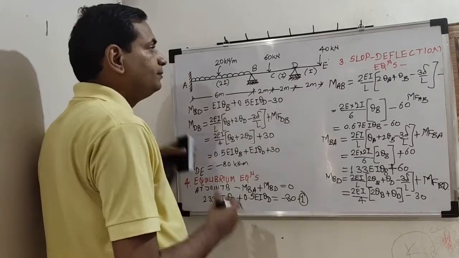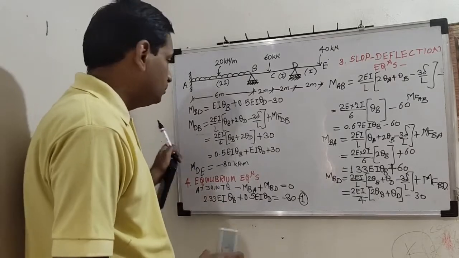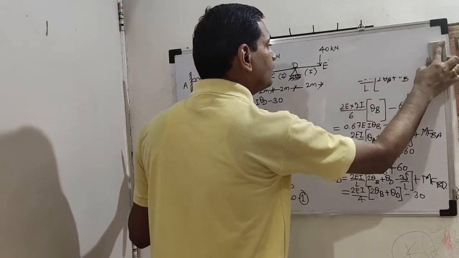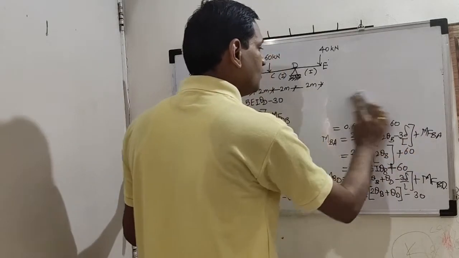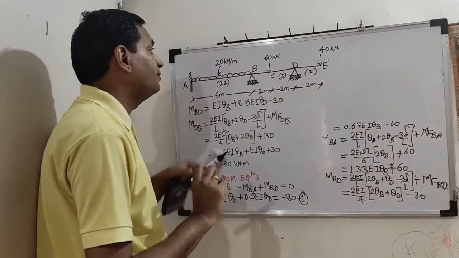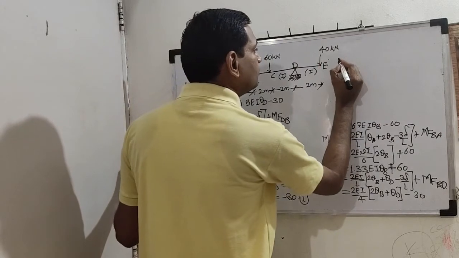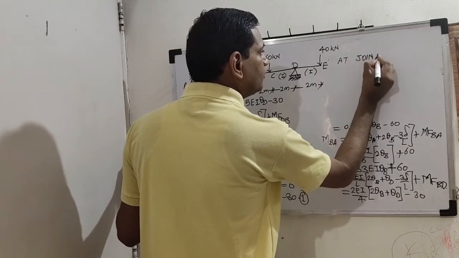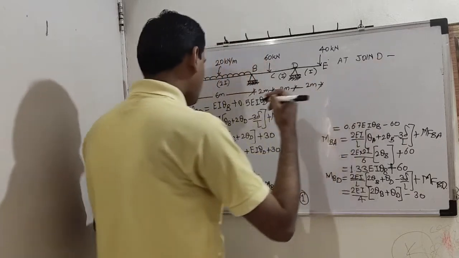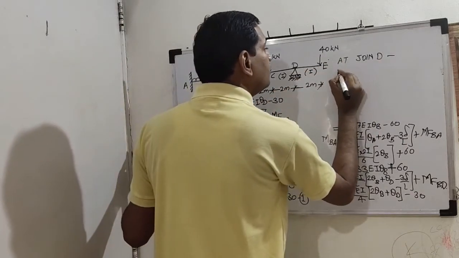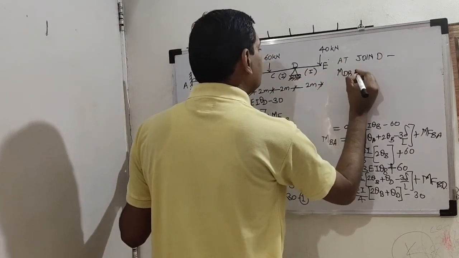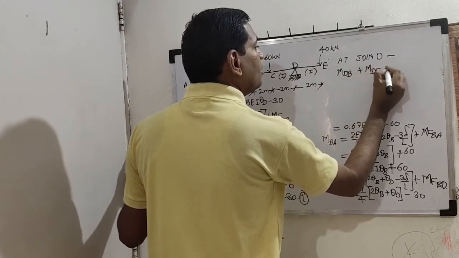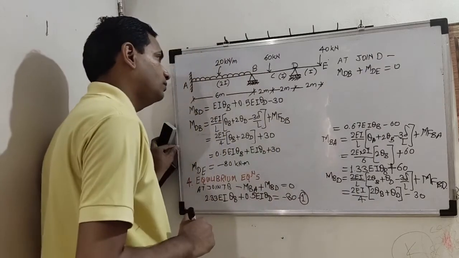Okay. Now the second condition is at joint D. What is at joint D? MDB plus MDE is equal to 0. Okay.